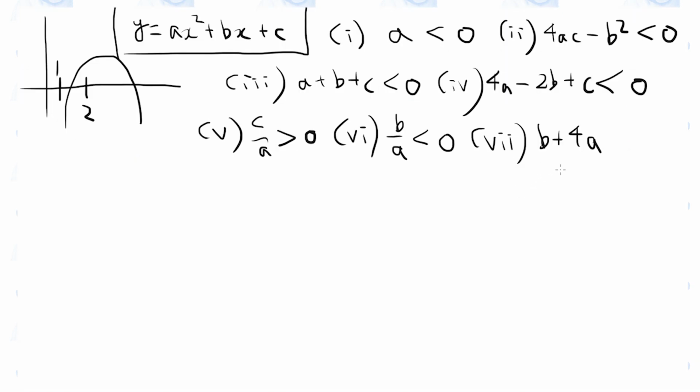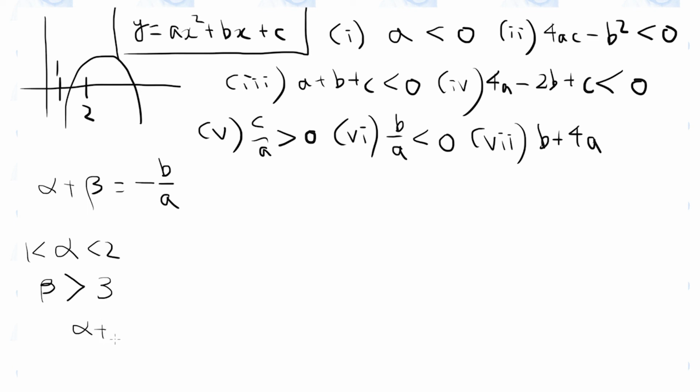Next we have b plus 4a. In the previous part, we saw that alpha plus beta is equal to minus b over a. The first root, alpha, is between 1 and 2. From looking at the graph, I think we can assume that the second root, beta, is greater than 3.